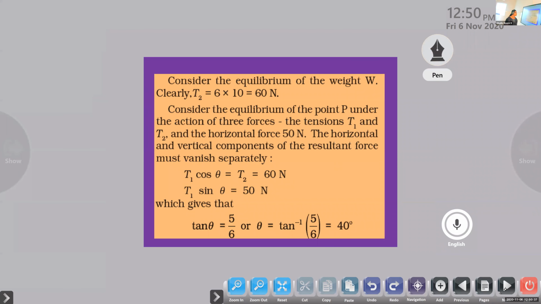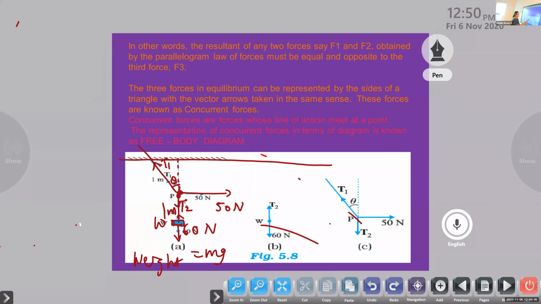So first one, if you look at the picture again, if you find out the resultant forces here. So theta is here.